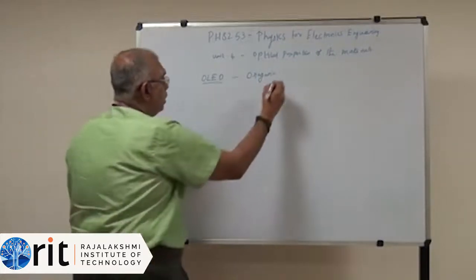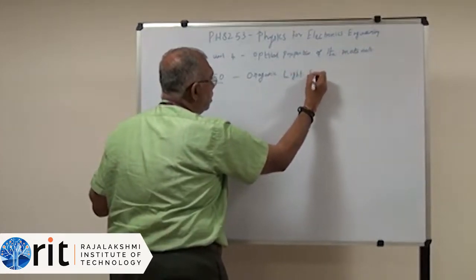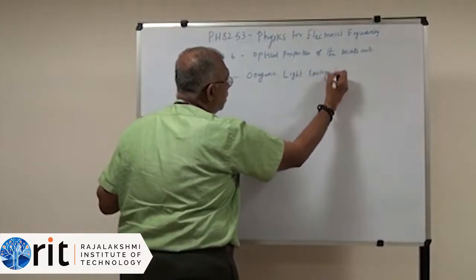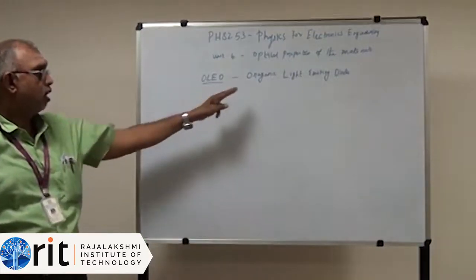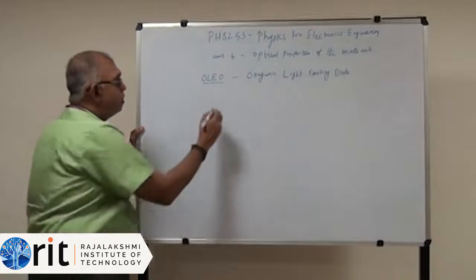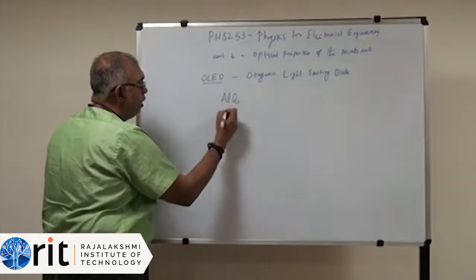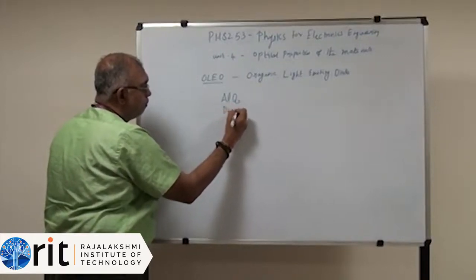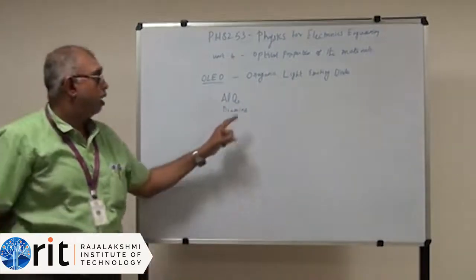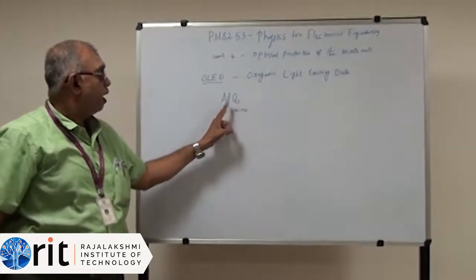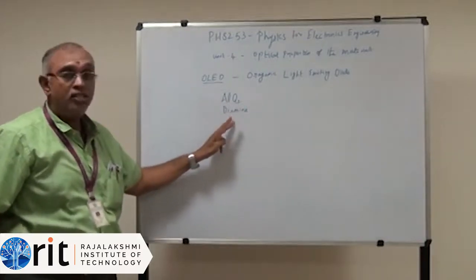Organic light emitting diodes consist of organic compounds, and two famous organic compounds are AlQ3 and diamine. AlQ3 is nothing but tris-quinoline aluminum, an organic material, as well as diamine.